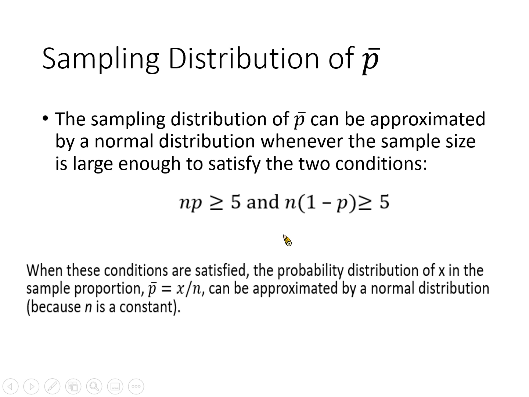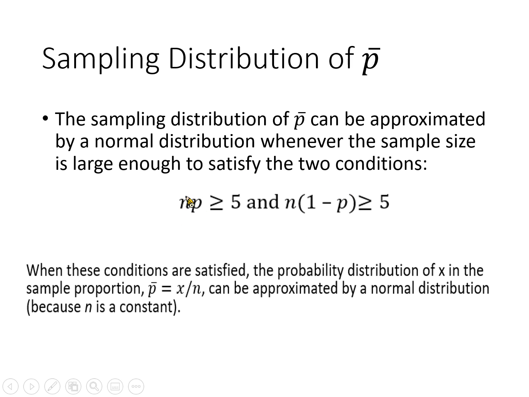In the sampling distribution of the proportion, we can also say approximately whether it is a normal distribution. Here you focus on whether the sample size is large enough to satisfy two conditions.